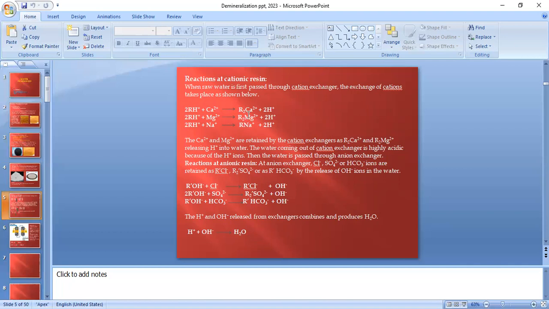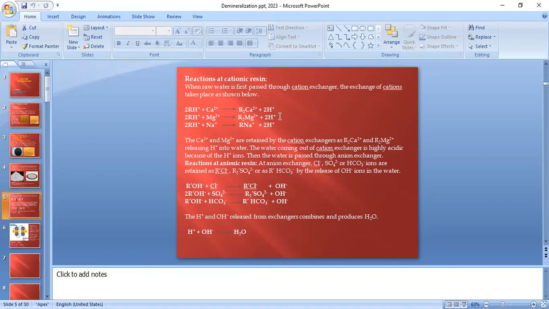That is, you are getting R2Ca plus 2H plus. That is, calcium is getting retained in the resin itself. Similarly, if you have magnesium ions, here the magnesium ions are getting retained in the resin itself.